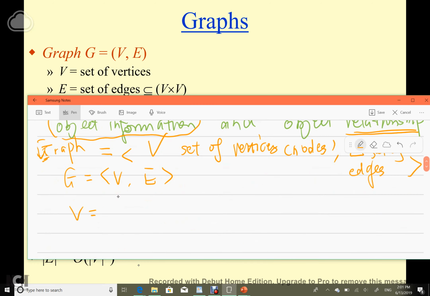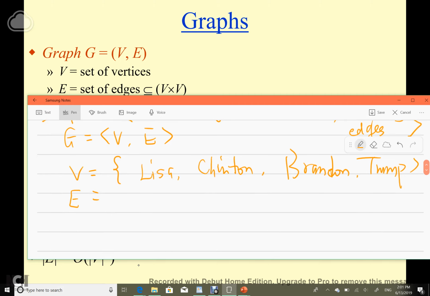In our discussion, V is equal to the collection of Lisa, Clinton, Brandon, and Trump. And E corresponds to the friendship.